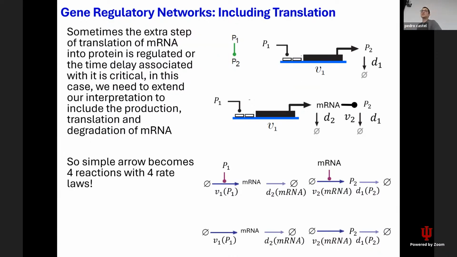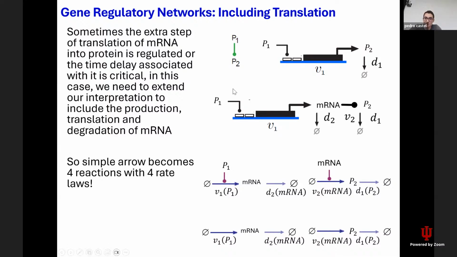So if you consider the presence of mRNA, then you have P1 promoting the gene. The gene is producing mRNA. mRNA decays. And based on the level of mRNA you have, the mRNA is producing the protein P2. And the protein P2 is decaying. So see, for just one gene, we already have how many nodes here?